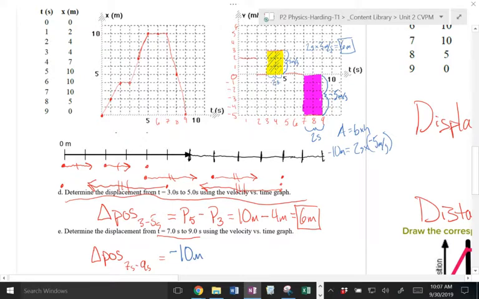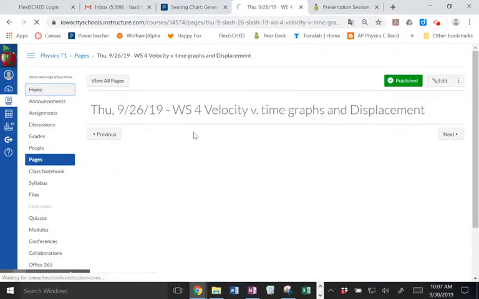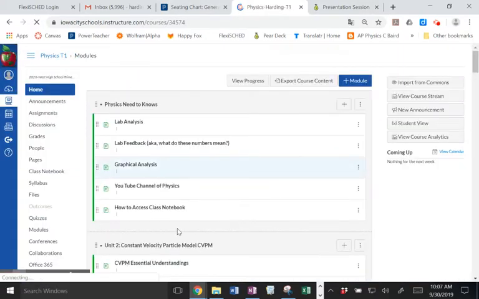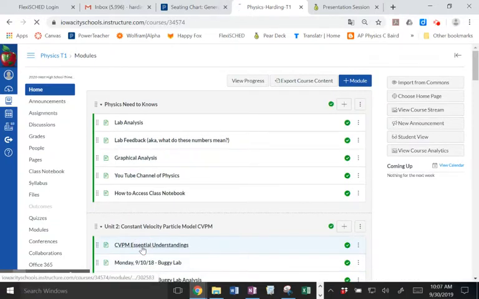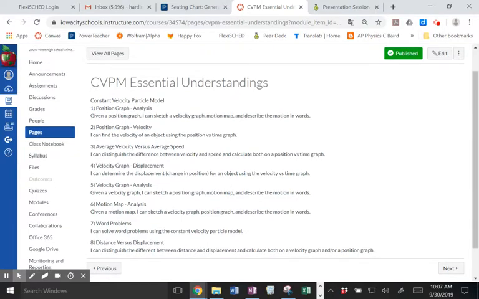So what we're looking at here, on the essential understandings chart, is 2.4: finding the displacement from the velocity graph.